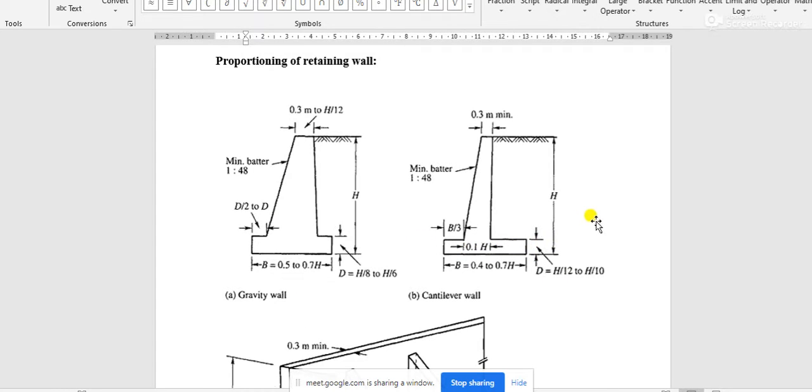That means the retaining wall moves in a straight way, sliding over the soil surface. The base slab is actually sliding, so the total retaining wall is moving this way, or it may also slide this way.